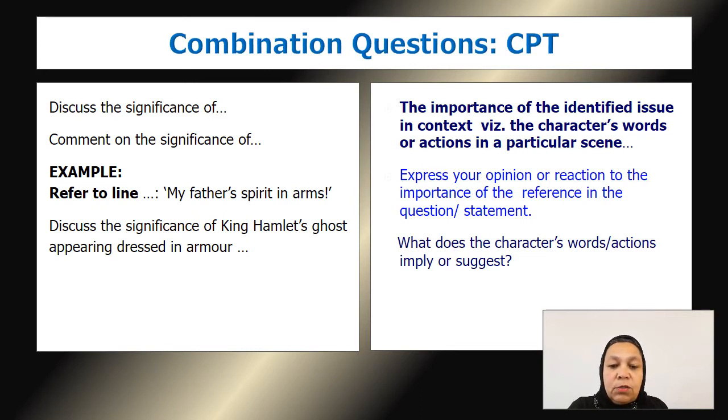So your answer could refer to the fact that arms refers to the ghost wearing armor, and so it seems to suggest that Hamlet is going to be at war later in the drama with himself, reflecting on his inability to act decisively and to avenge his father's death.